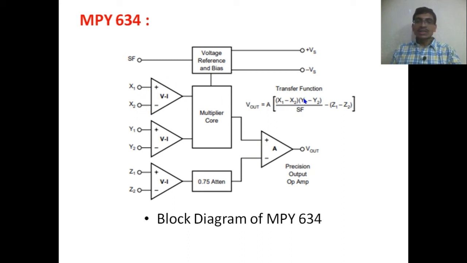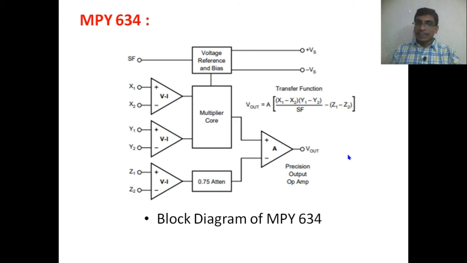The difference between X1 X2 and Y1 Y2 will be multiplied and divided by the scaling factor SF, and this multiplication divided by the scaling factor SF minus (Z1 minus Z2), because it is working like a differential amplifier. Again, this multiplication output will be subtracted from Z1 minus Z2 and then amplified by a gain of A. A is the gain of the last amplifier section, and the plus Vs and minus Vs are the supply voltages.